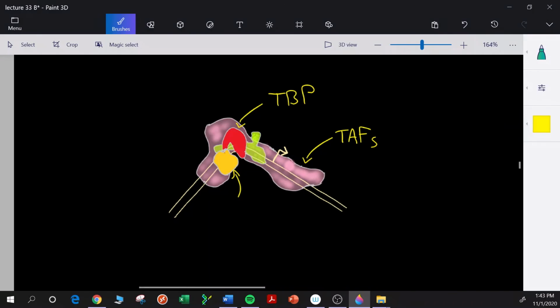Here is TF2A, which binds to DNA at the core promoter, just upstream of TATA binding protein. And then here is TF2B. In TF2B, the N-terminal region will bind polymerase 2, and the C-terminal region binds to the DNA.